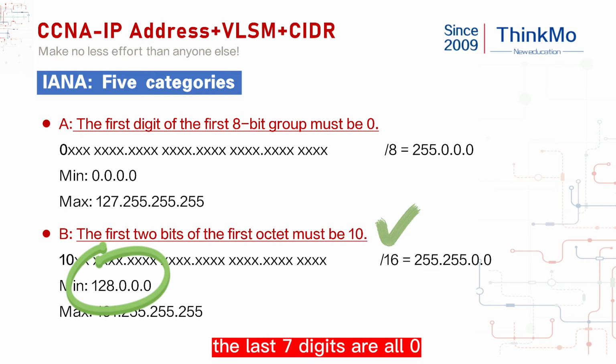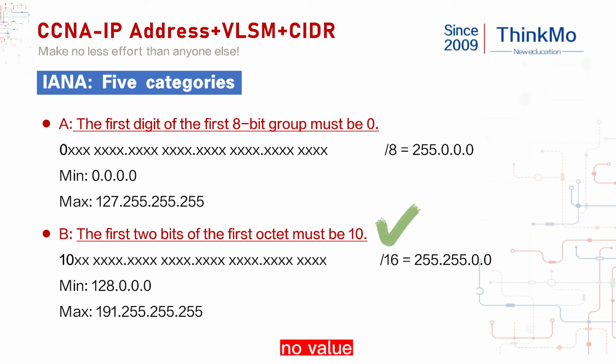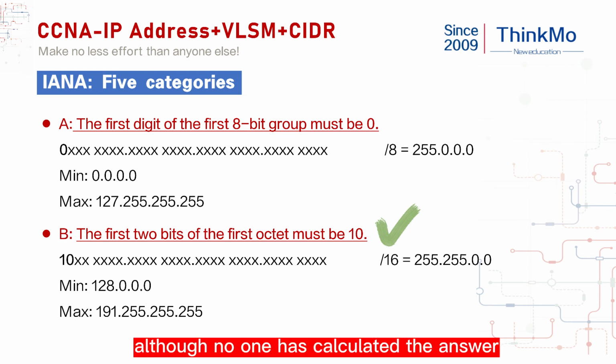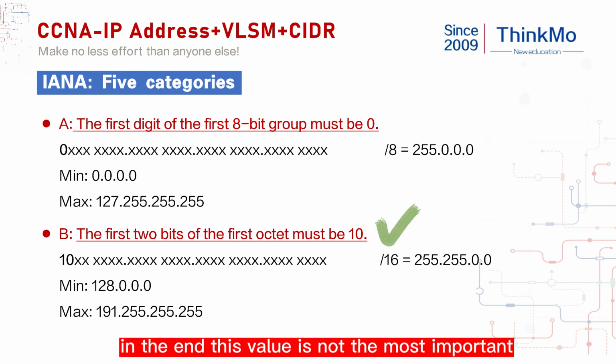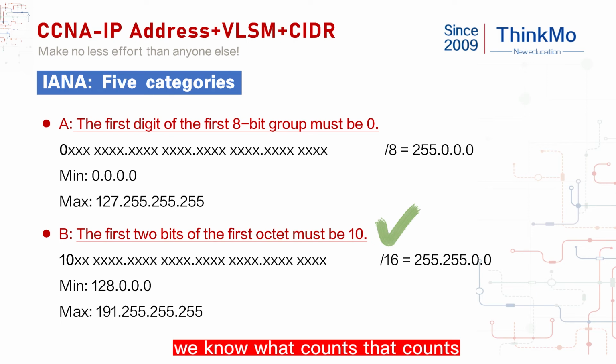The last 7 digits are all 0. Then the maximum is 255 minus 64, which is 191. Okay. Although no one has calculated the answer, we all know how. In the end, this value is not the most important. We know what counts.